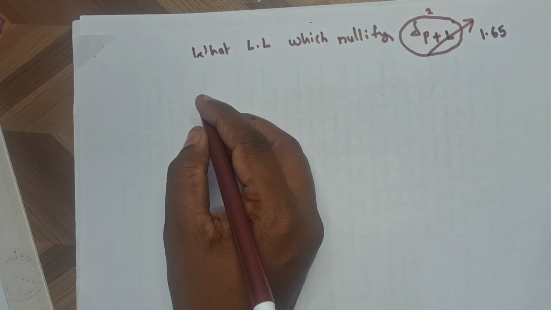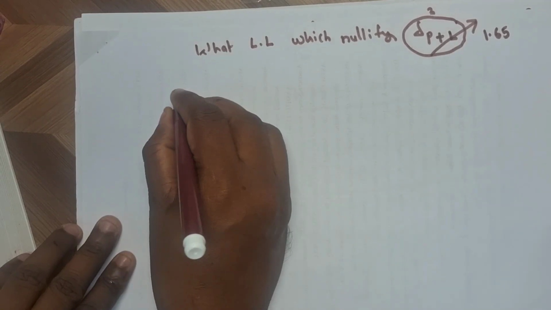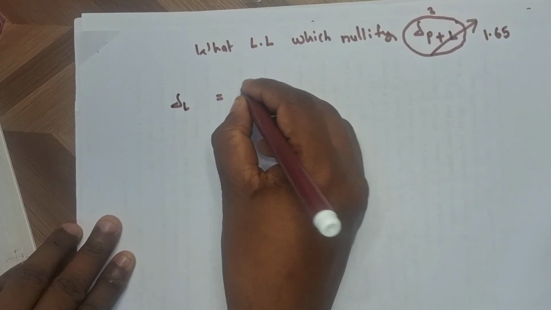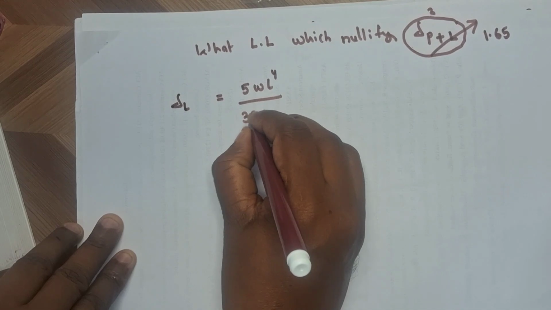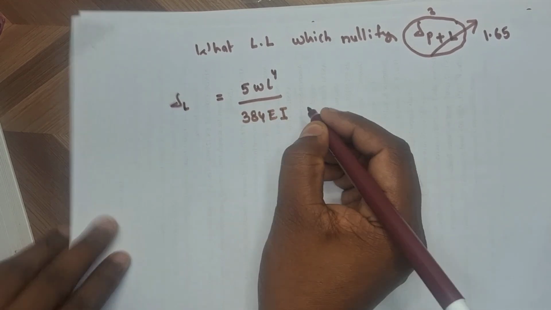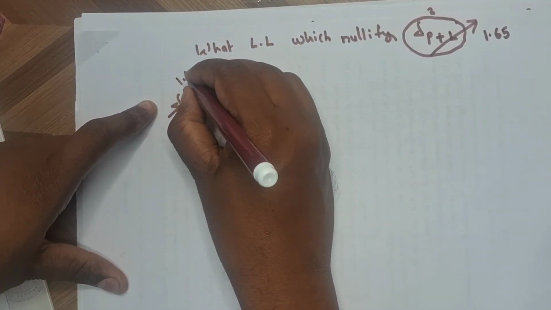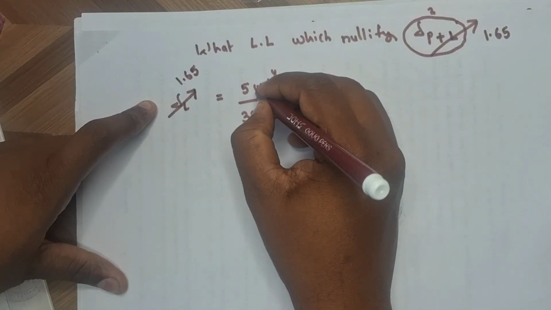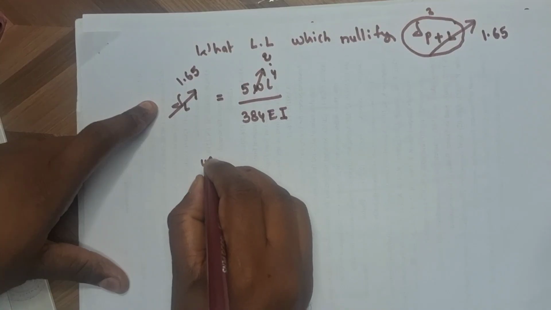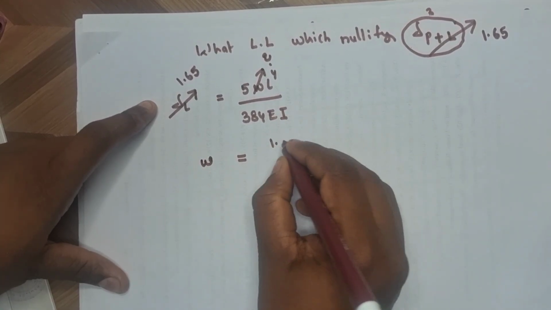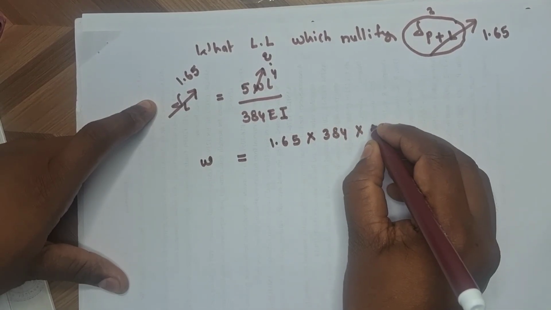To determine that, already we know the deflection due to any load is given as 5 W L to the power of 4 by 384 times flexural rigidity. What they are asking, if this value is 1.65, how much weight we need to place? This one we need to determine. That's why W is 1.65 times 384 times flexural rigidity.